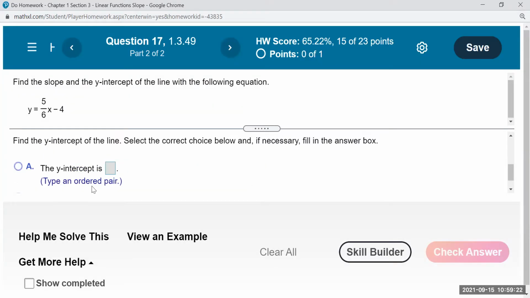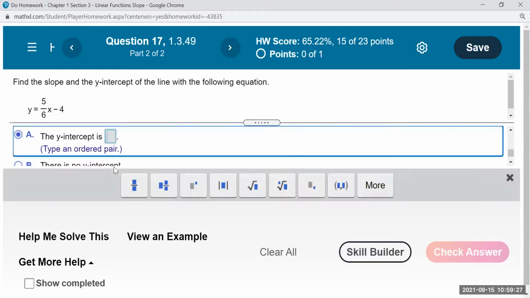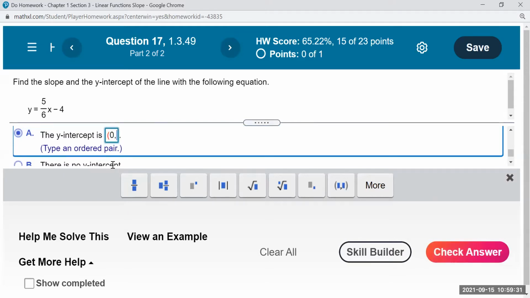It wants an ordered pair. You're right, it's -4, but what's the ordered pair? Very good. 0, comma -4, in parentheses. Because whenever the X is 0, the Y value is your y-intercept. So if I give you the y-intercept, the location is 0, -4.